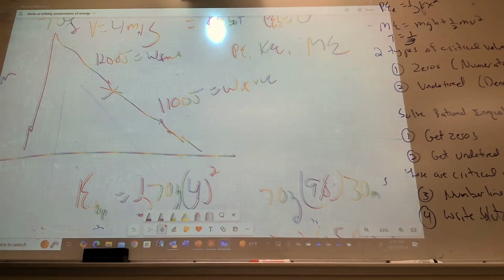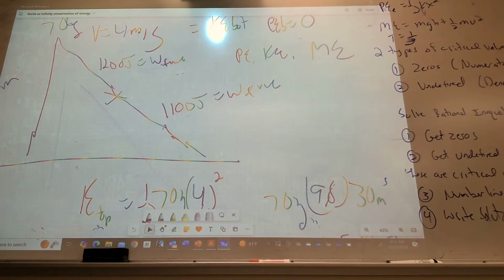Our potential energy is 70 times 9.8 times 30. Just add those two together to get your mechanical energy at the top.